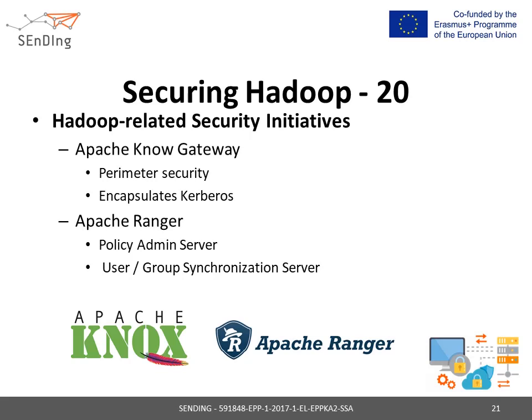Apache Ranger provides centralized administration of security policies and also provides centralized access control and auditing services. It integrates with various Hadoop components, such as HBase, HDFS, Hive, and ensures consistent coverage across the stack. Ranger consists of a policy admin server and a user group synchronization server. The admin server serves as the main interface for security administration.